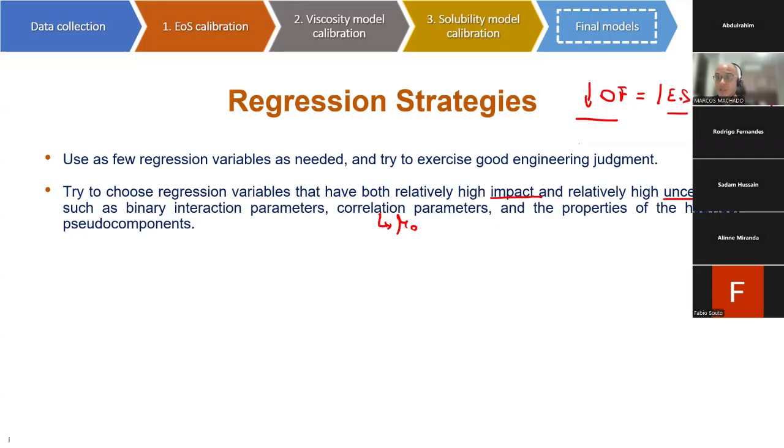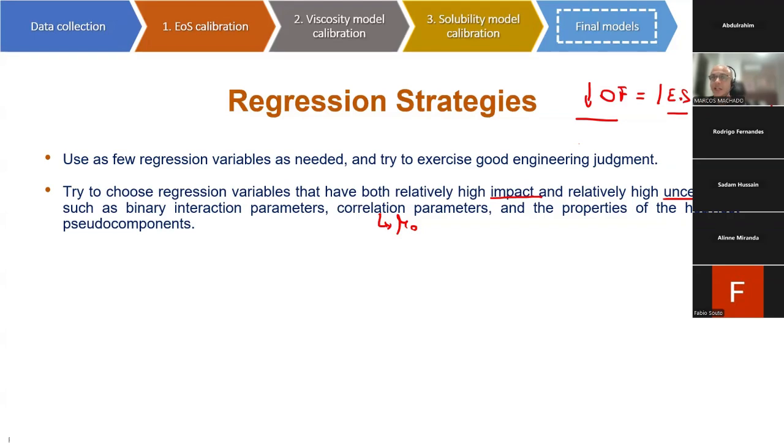There is intrinsic uncertainty related to them because, as I said before, the correlations are very accurate for mixtures, especially lean gas, dry gas mixtures. However, for liquid, you have to do some tuning. So those correlations are very useful to be tuned to get the calibration. And the other one is the heavy component, the pseudo component.